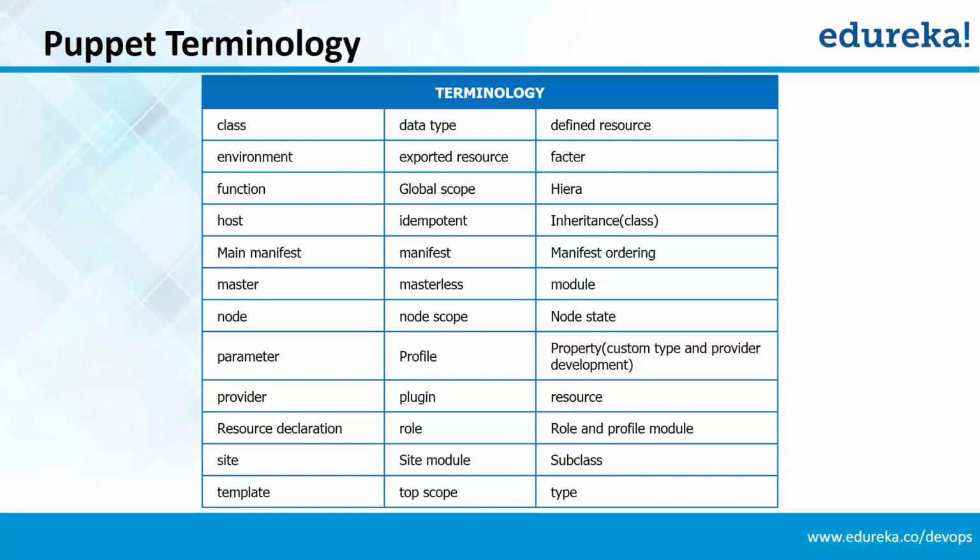Then we also have various other properties. We have the providers, we have resource declarations, we have roles, which we'll be talking about in module 4, when we talk about the designs, environments, roles, why we need environments, why we need roles, and typically we can have a subclass, which is what you get when you talk about inheritance, etc.